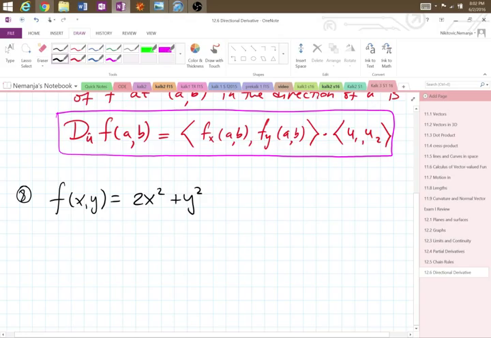Let's go with the point (A, B) equal to (1, 2). And vector u is given as square root of 2 over 2, square root of 2 over 2. Good luck. You got this.